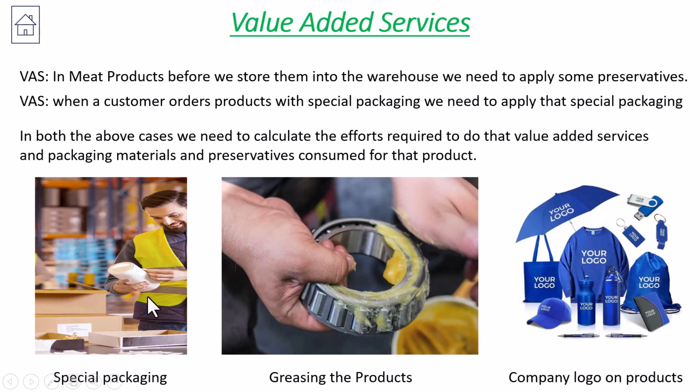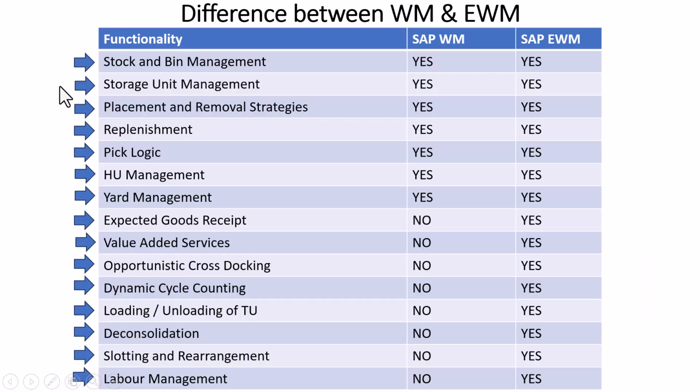With our EWM functionality, it's really helpful for us to go with the value added services. This functionality was lacking in the earlier SAP EWM, but our EWM supports value added services.